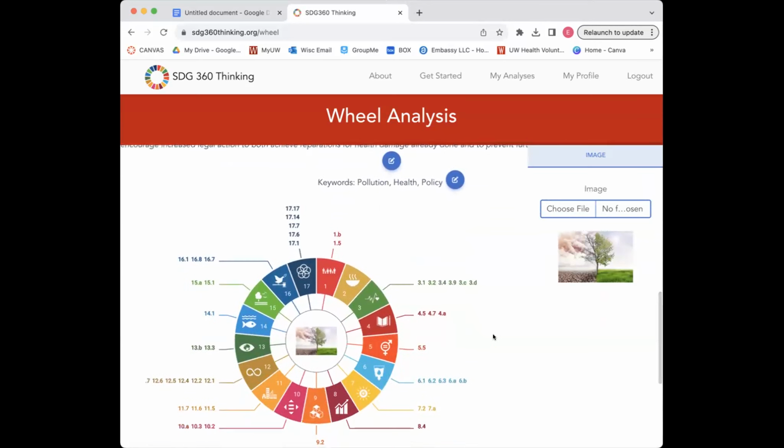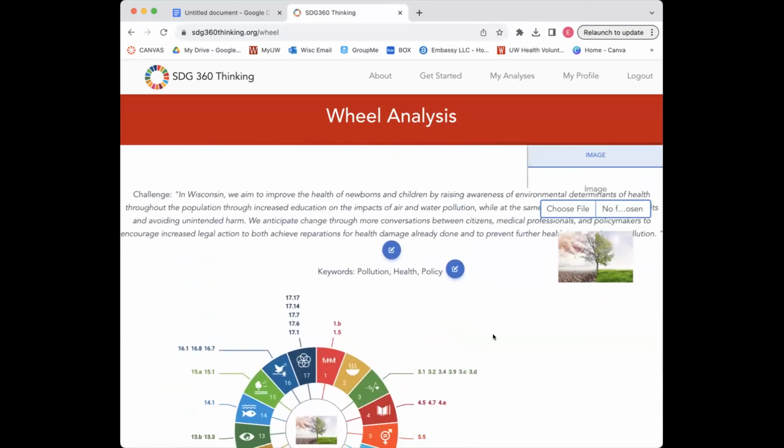We're aiming to increase awareness by increasing the communication and conversations between citizens that are experiencing health effects and medical professionals, because there's often a gap between talking about diseases and their causes. So just increasing that conversation, and then encouraging policy making with the voices being heard of all people, medical professionals, citizens, scientists.